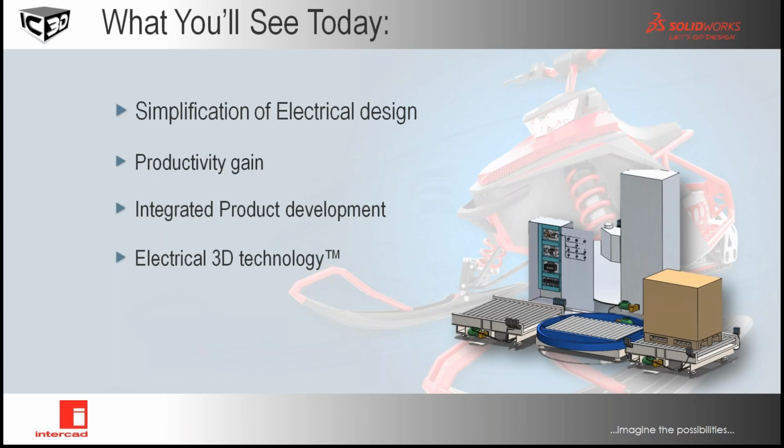Also, we'll look at what sort of productivity gain we can get by automating those tasks. Once we've looked at the electrical side, we will then look into integrated product development, which is how we can integrate our electrical designs into the mechanical design, and then we'll introduce you to electrical 3D technology.